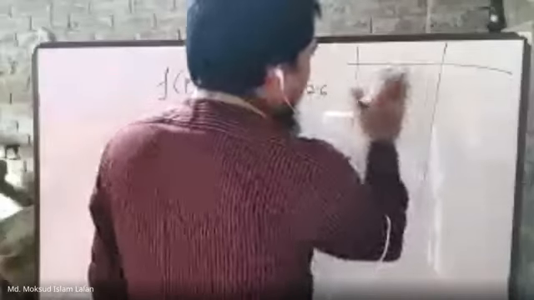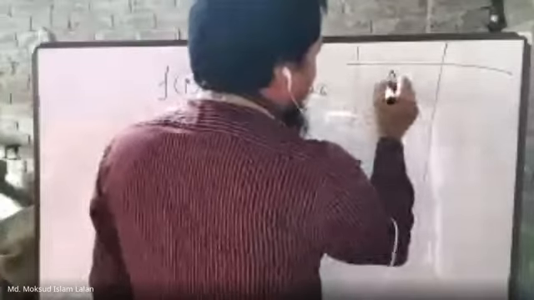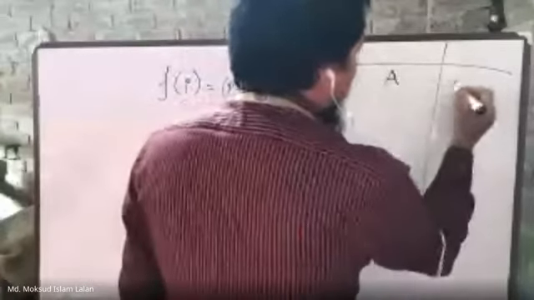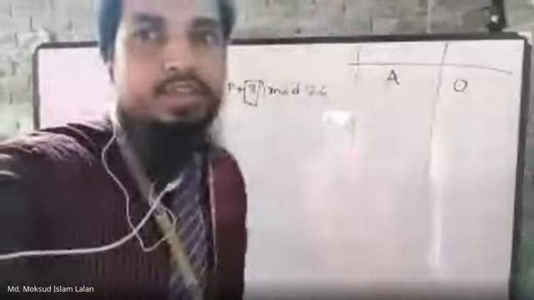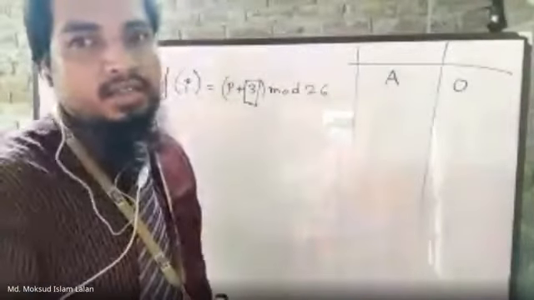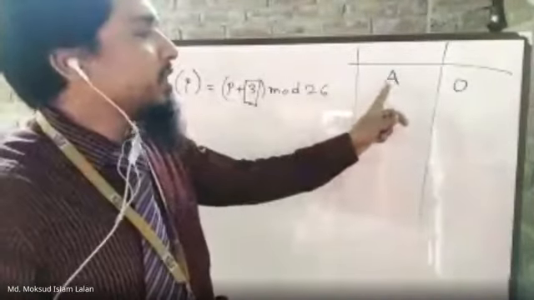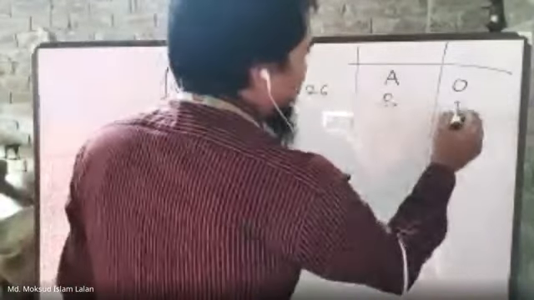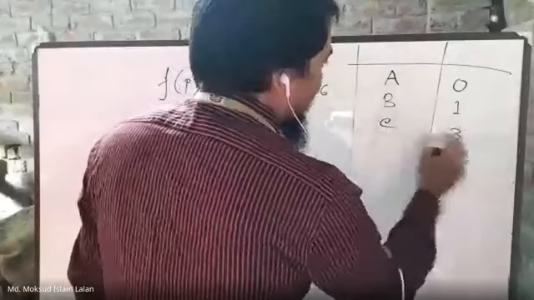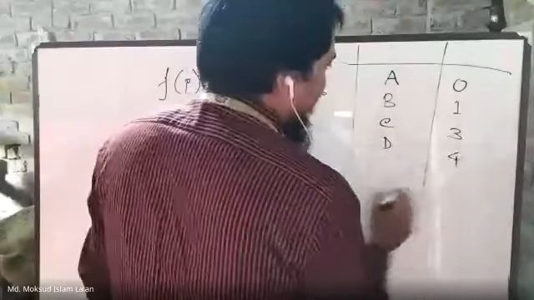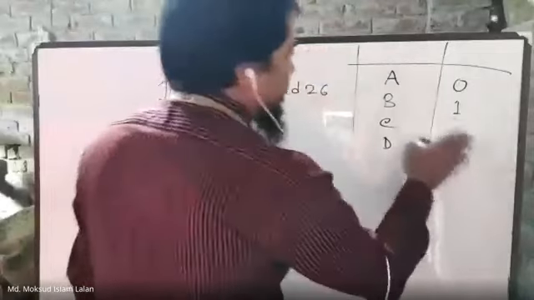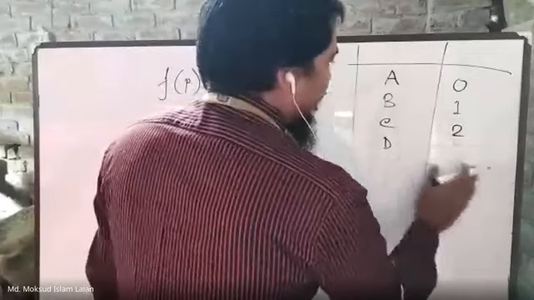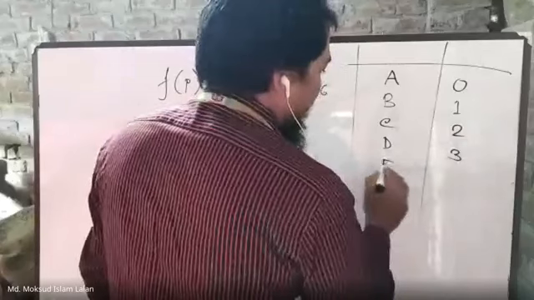Yes, sir. So in the Caesar cipher, the English alphabet A is considered as 0. He converted the letter A as 0, then B as 1, C as 2, D as 3, E as 4.